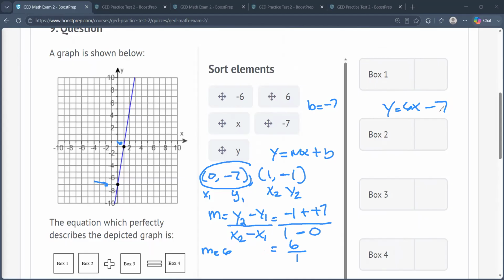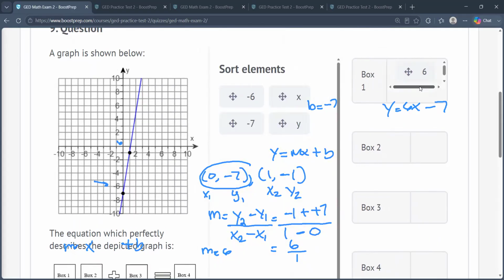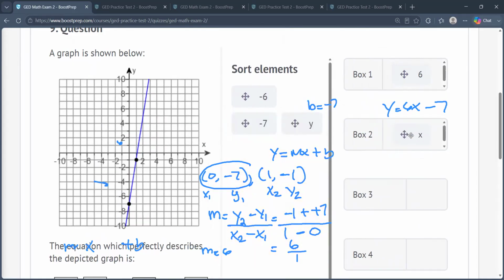Okay, so all we got to do is, the first box is m, then x, and then the plus b. So what is my slope? Positive 6. So I believe the first box should be positive 6, right? And then we have to have that x, so the second box here. And then what's our b? Minus 7. Oops, I made a mistake.